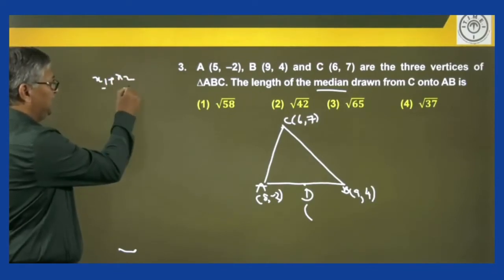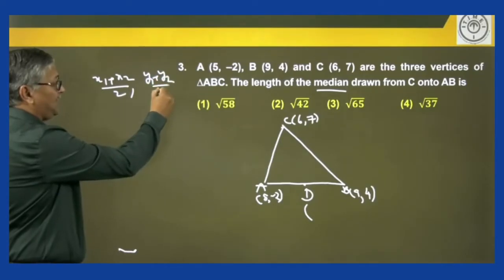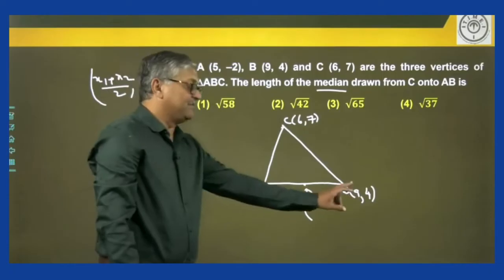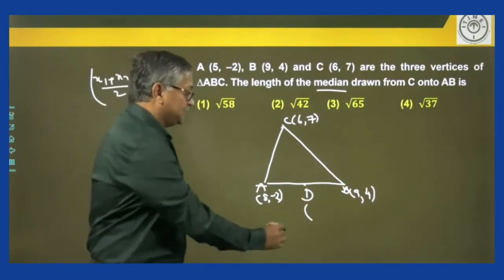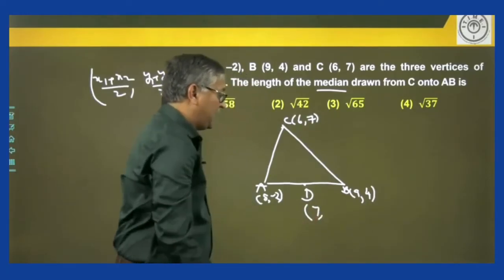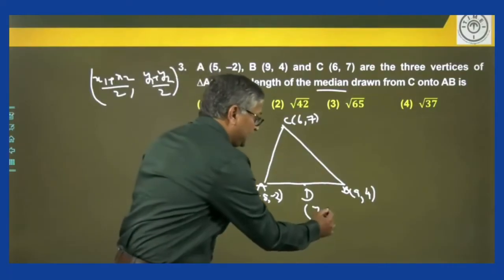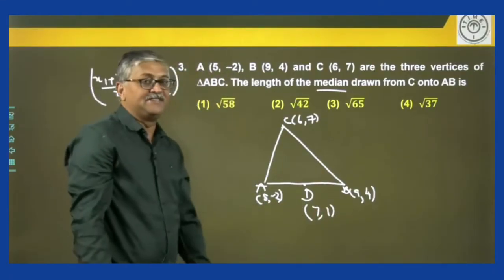So, 5 plus 9 is 14 by 2, nothing but 7, and minus 2 plus 4, that is plus 2 by 2, that is 1. So, this is the midpoint of AB, that is 7, 1.